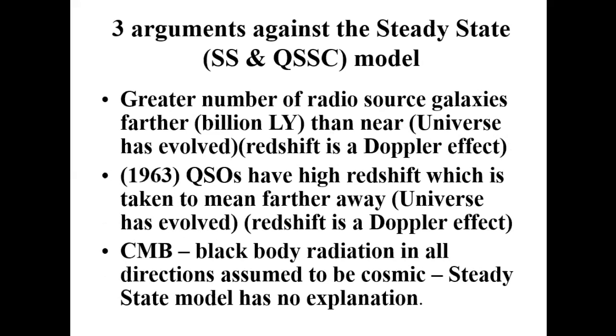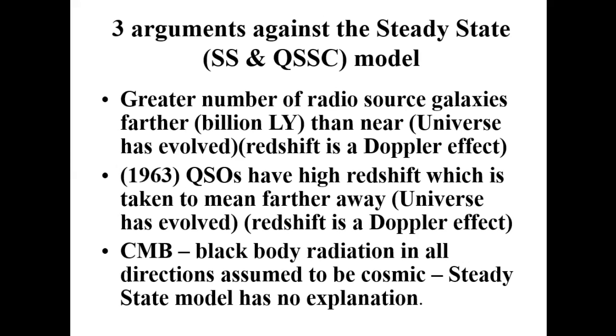Three arguments have been used against the steady state model. One is the greater number of radio source galaxies further away, that is, say, billions of light years, than near, that suggests that the universe has evolved, and this is based on redshift being a Doppler effect, which we're going to argue with in a bit. QSOs have high redshift, which is taken to mean further away, again suggesting the universe has evolved.